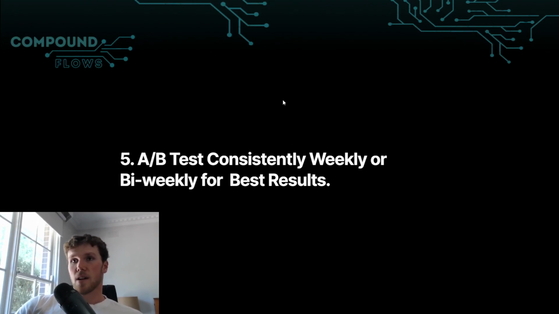The fifth pointer here is arguably probably the most important, is to actually A/B test consistently every week or every 2 weeks for the best results. Typically what I do first is start to test firing times. So I'll show you in just a sec, but you can test delay times, how much they scroll through the website, or if they have exit intent.